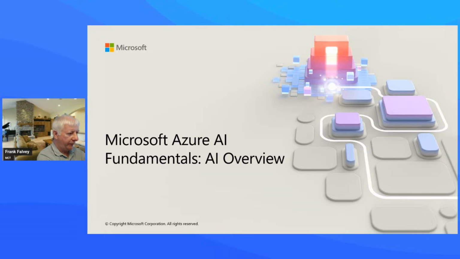So the AI fundamentals is a nice course. I did the exam recently, and I was surprised at my result. So you get 1,000 points, and the passing score is 700.